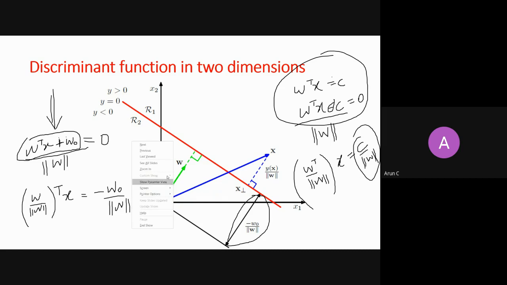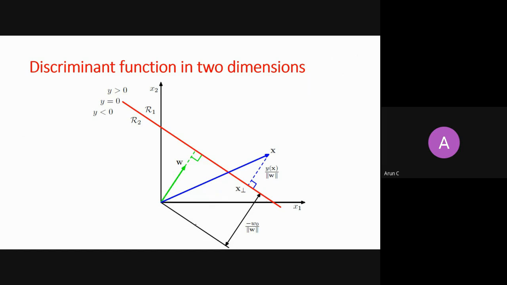Second thing, you may be interested in knowing how far your x is from the hyperplane, right? What is the perpendicular distance from your hyperplane?